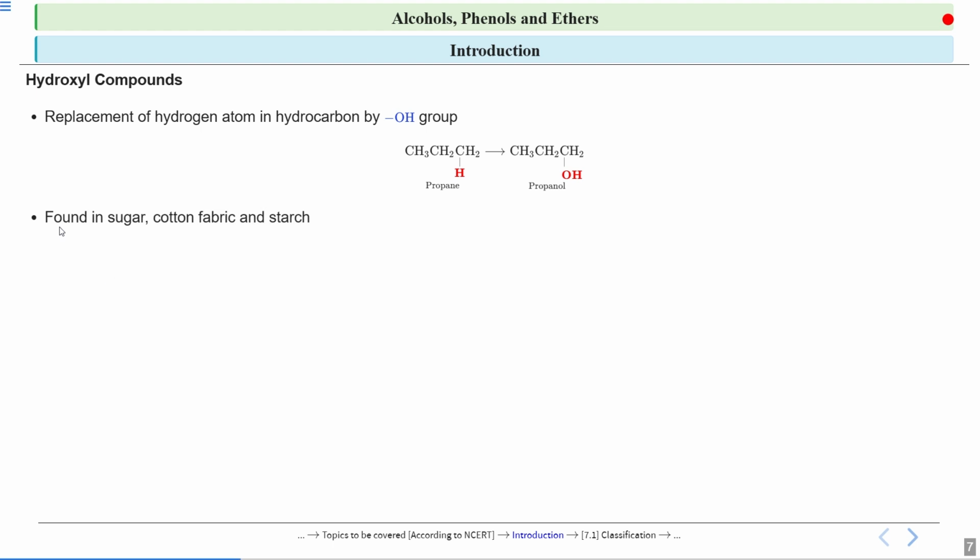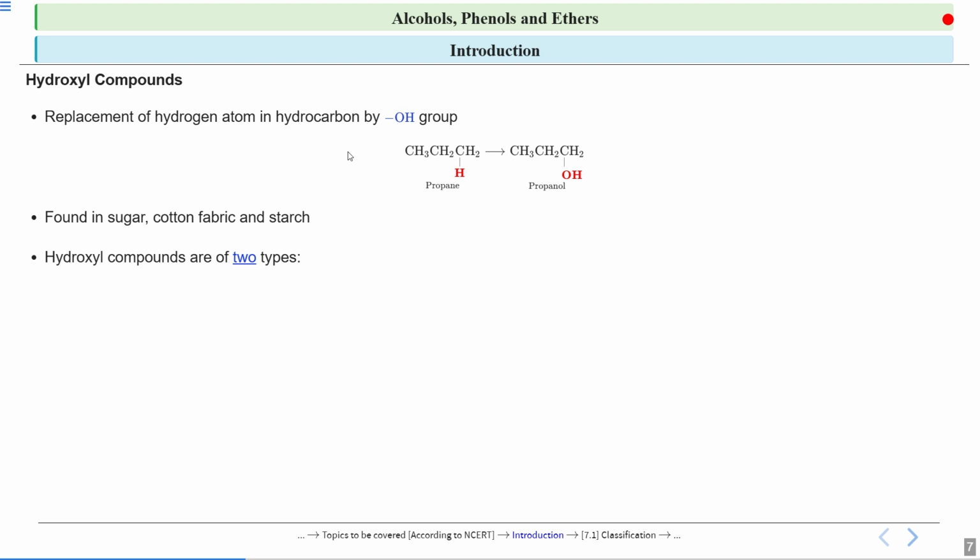Alcohols are found in sugar, in cotton fabric and starch. Hydroxyl compounds are of two types. So we are talking about hydroxyl compounds, not specifically about alcohols. Alcohol is a type of hydroxyl compound.